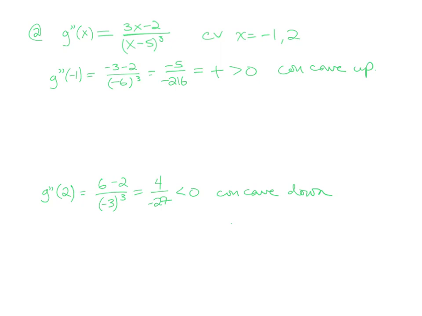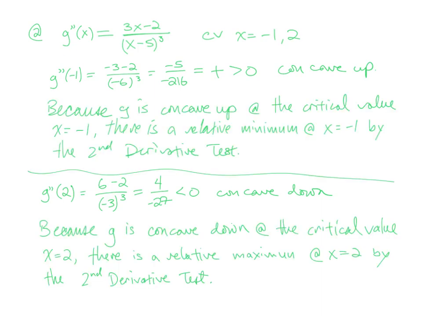So if you're thinking, hey, 5 should be in our list of critical values, well, that's not going to help us, because that's where the first derivative was undefined. So you substitute -1 into this, you substitute 2 into this, you get some things, it's concave up, it's concave down. You can write a couple sentences that look like this, and that's it.